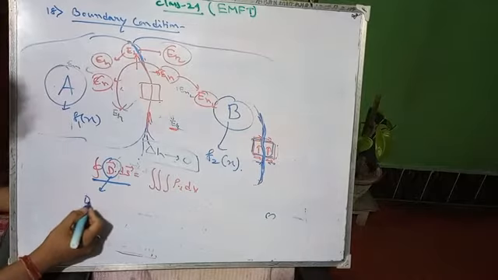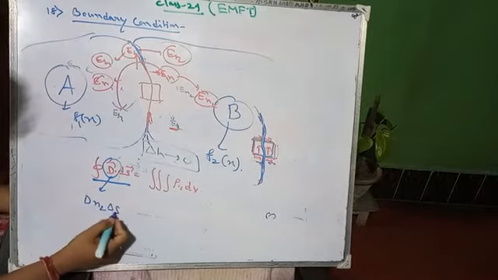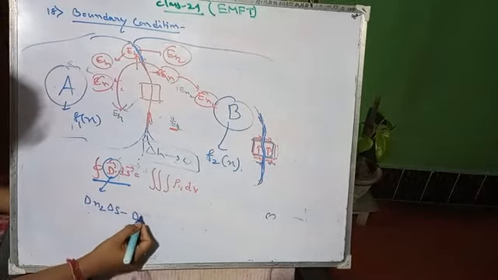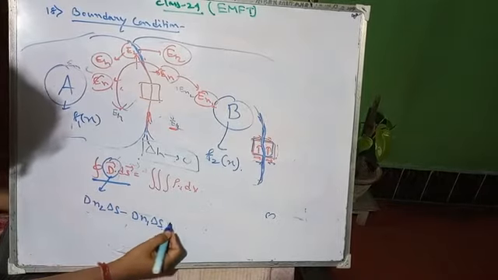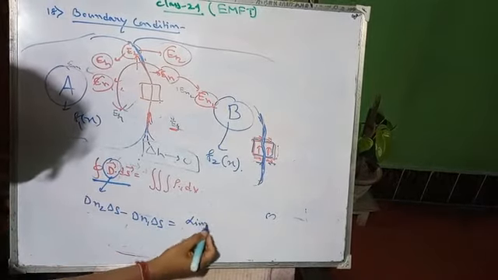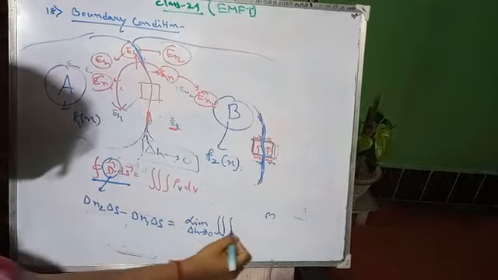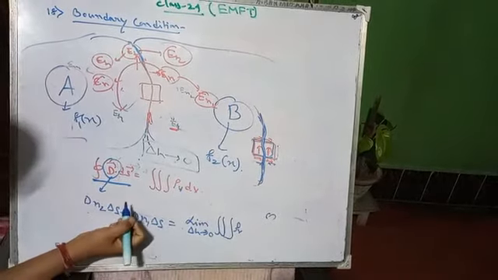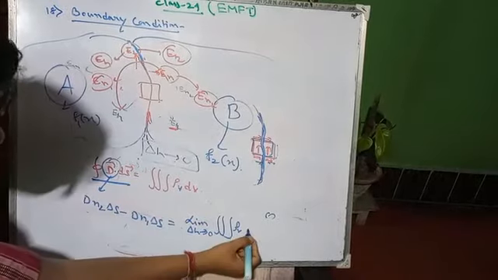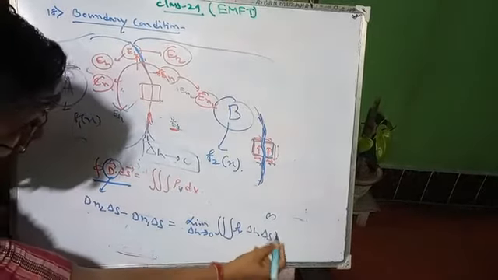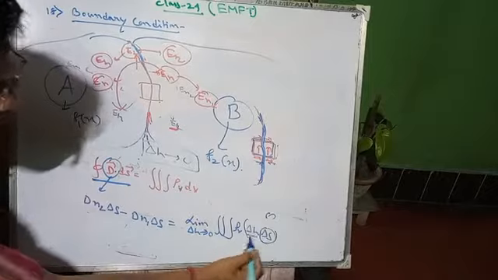So it becomes Dn2 into del S minus Dn1 into del S equals limit del H tends to 0, triple integration of rho v, which remains, but this dV will be del H into del S, because we are taking the surface into height.